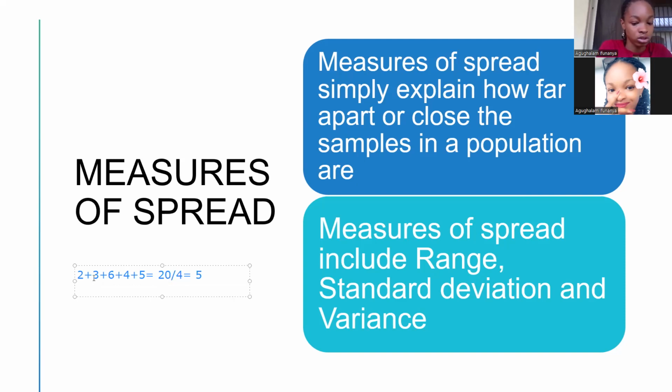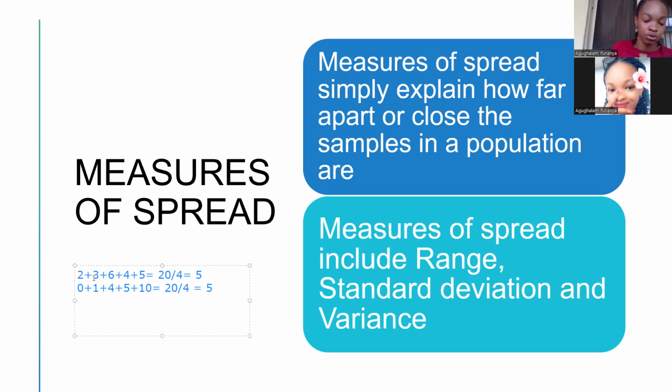And then the next one is 0 plus 1 plus 4 plus 5 plus 10, is equal to 20 over 4, which is equal to 5.